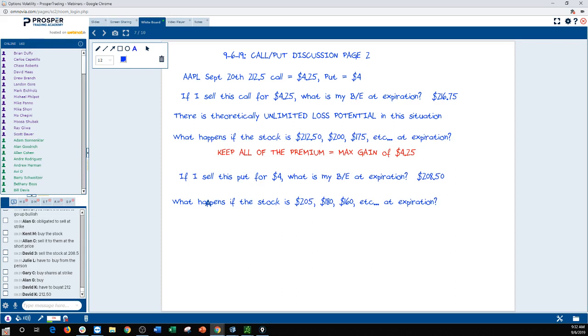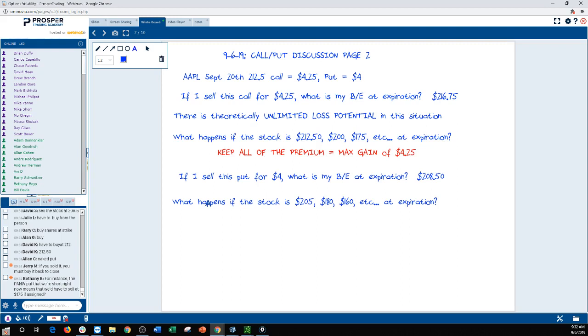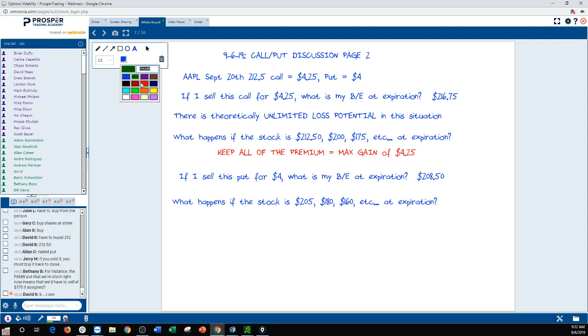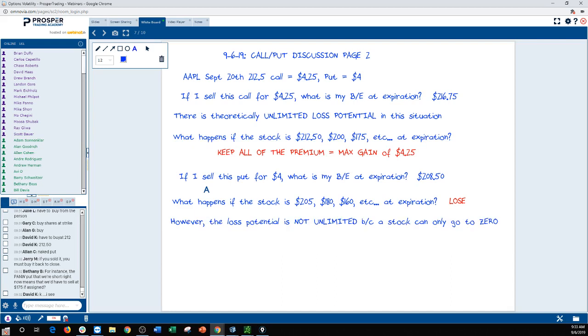Okay? So basically this position is like me being long stock at 208.50. As the stock goes down and down and down, I lose more and more and more. However, like we spoke about earlier, theoretically, the loss potential is not unlimited because a stock can only go to zero.